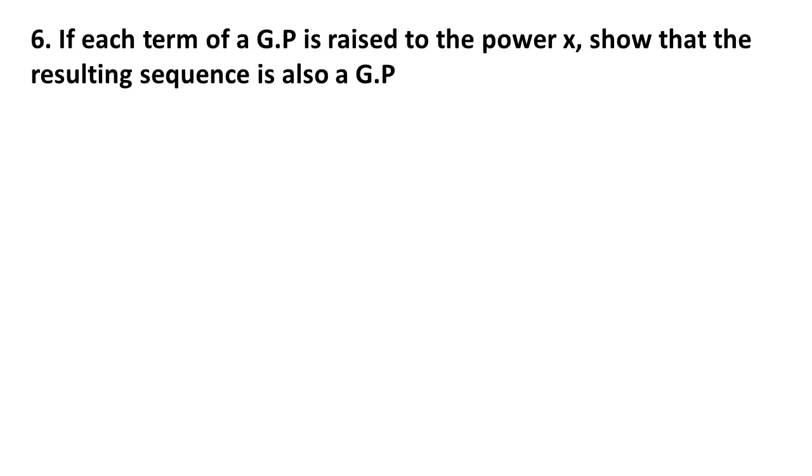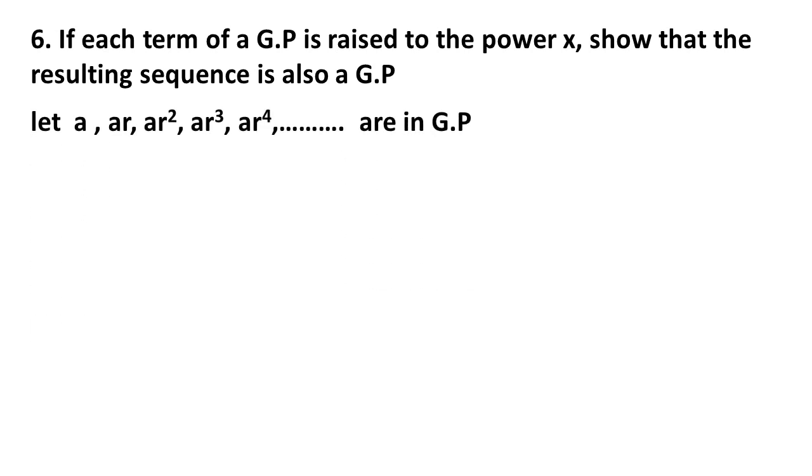Question number 6. If each term of a GP is raised to the power x, show that the resulting sequence is also a GP. Consider the terms A, AR, AR square, AR to the power of 3 and so on. The terms are in GP.